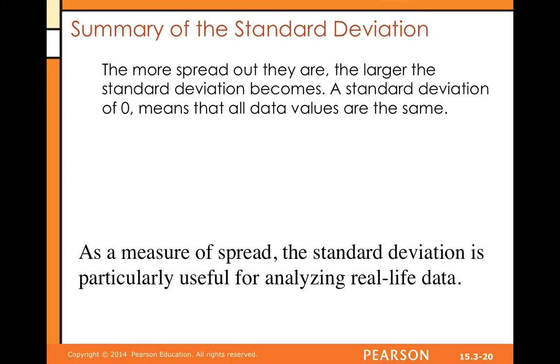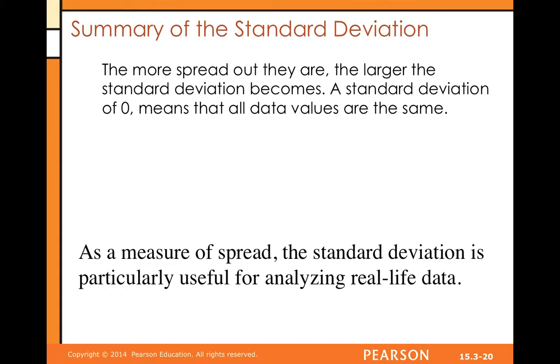Okay, so all of these things that we've studied now allow you to take a data set that's maybe thousands or millions of numbers and make the data set manageable. A human being cannot just scan their eyes over thousands of numbers and understand what the data set is. So all the tools of chapter 15 allow you to take a large data set and break it down into something manageable.